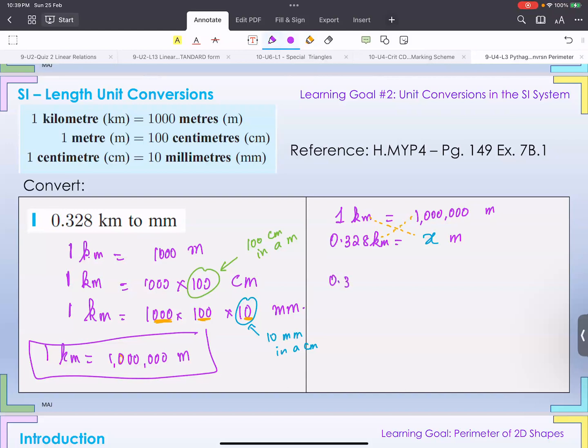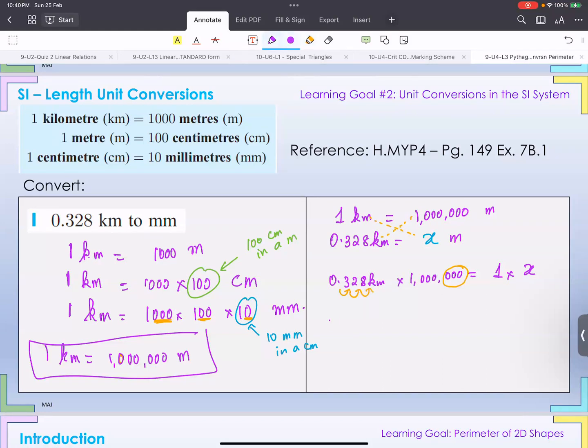So 0.328 kilometers multiplied by 1 million is 1 kilometer multiplied by X. So now you're going to take these 3 zeros and move 3 decimals, once, twice, thrice, okay?